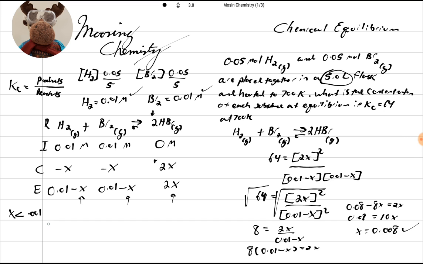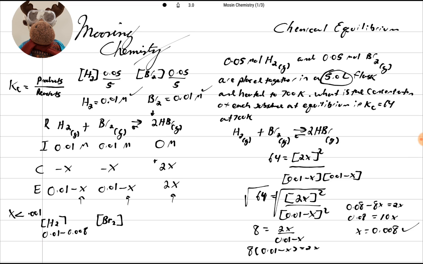So we're going to go for H2, 0.01 minus 0.008. For Br2, there we go, hang on for one second there, guys. There we go.